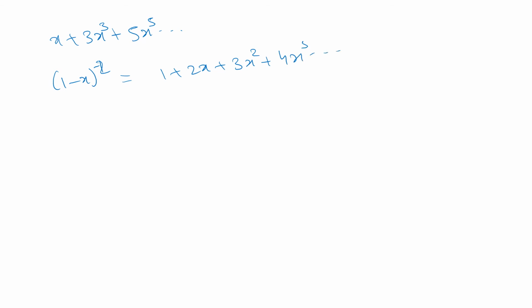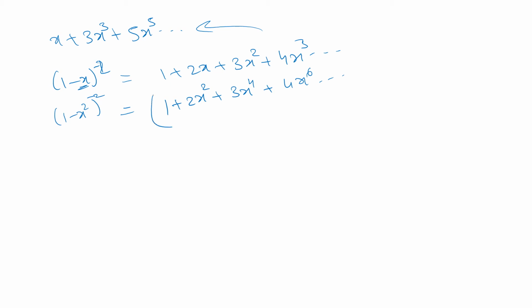This is not the exact sequence which we wanted to generate. So what if we replace x with x squared in this? It would be (1 minus x squared) the whole raised to minus 2, expanded as 1 plus 2x squared, 3x raised to 4, 4x raised to 6 and so on. Again, this is not what we wanted.